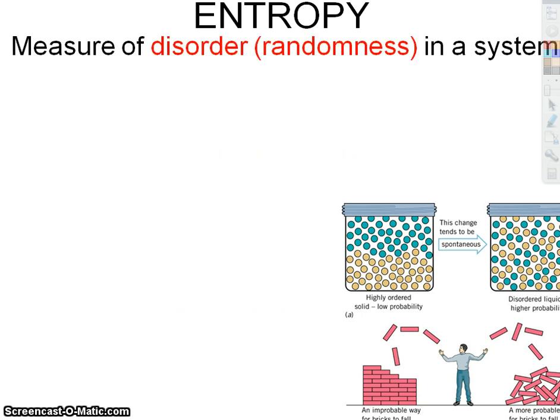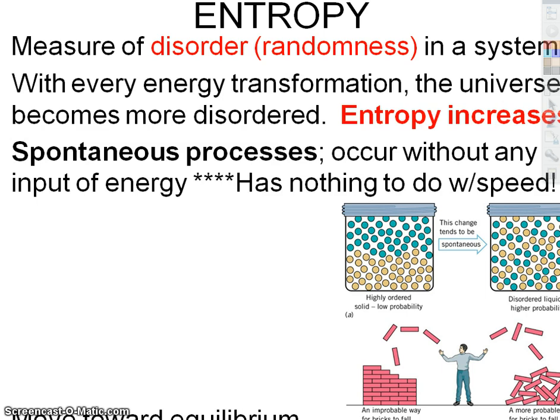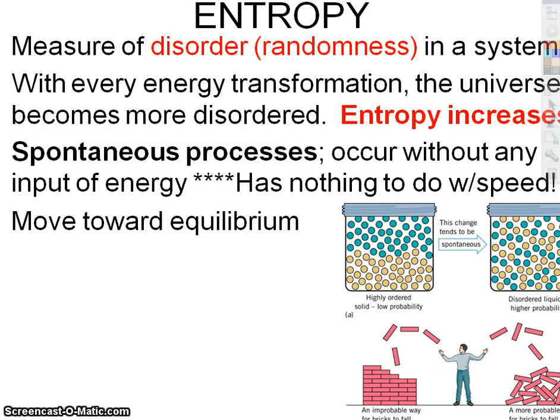So entropy was the measure of randomness, and spontaneous reactions tend to go towards increasing entropy, things being more simple, more stable, just randomly moving around. And then I told you that every time energy is transformed, entropy tends to increase, everything tends to move towards equilibrium. Gasoline, octane, C8H18, very complex.